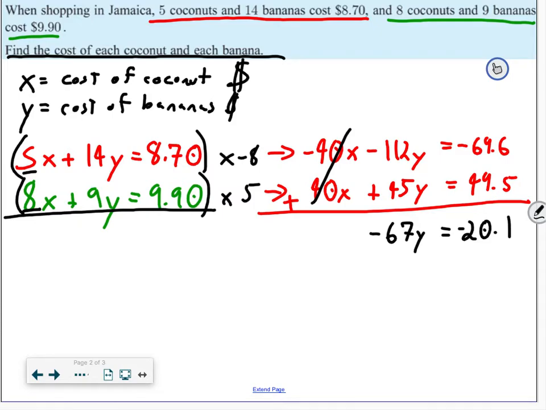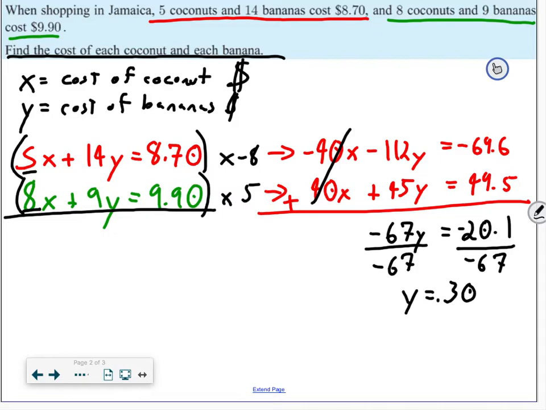Divide both sides by -67. And I'm going to get that y is equal to 30 cents, or 3/10 of a dollar.